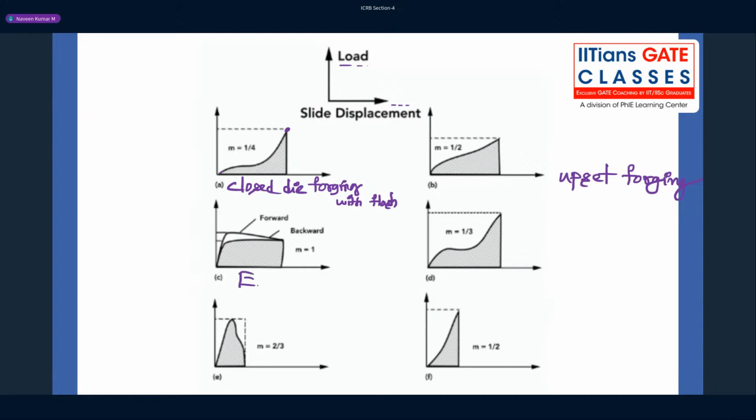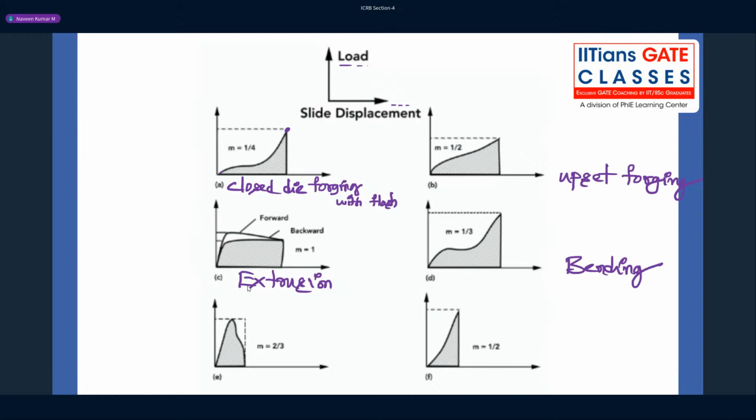And this is extrusion, forward and backward, written here. Here you can see initially there is an increment, then no increment in load while displacement continues, and again an increment in the load. This is called bending operation. And this one is a sudden increment and sudden decrement. It means something is happening in a fraction of seconds.